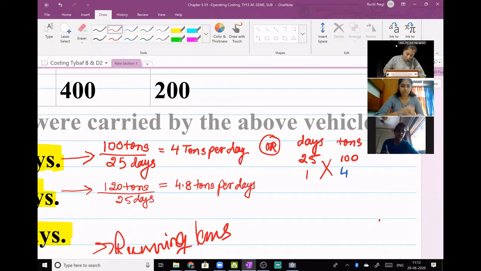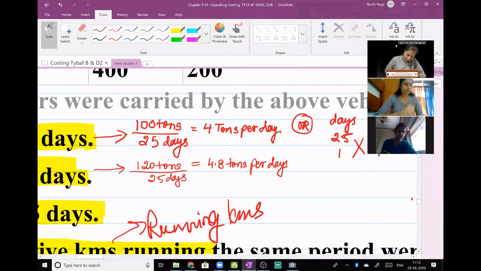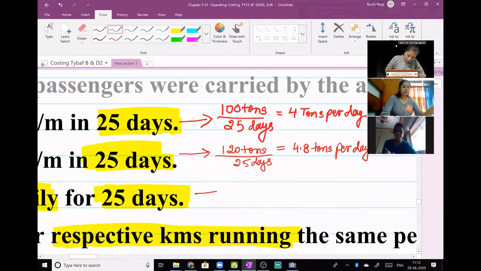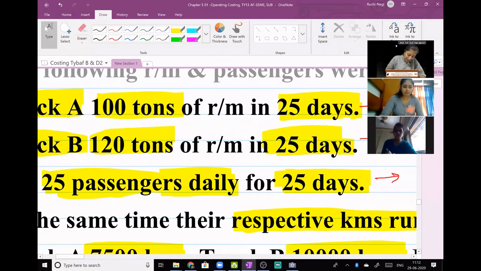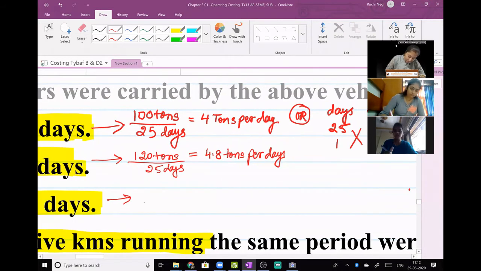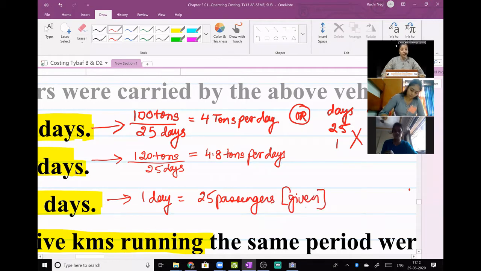Whatever you find easy, go with that. And for the bus, no need to calculate because it is already given daily, 25 passengers daily. So one day is 25 passengers. This is given in the question, so there is no need to calculate it.